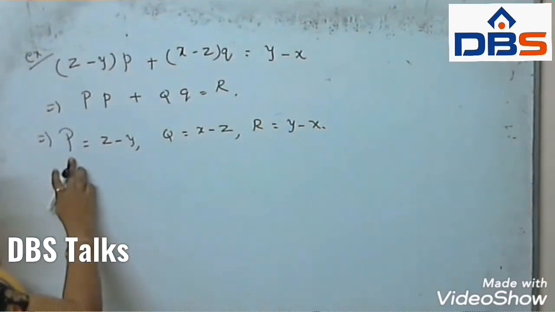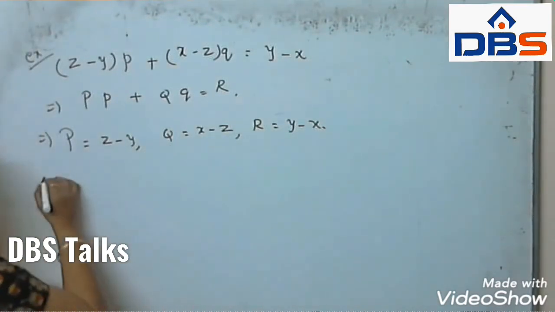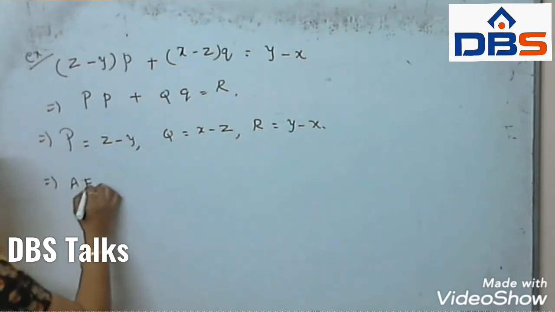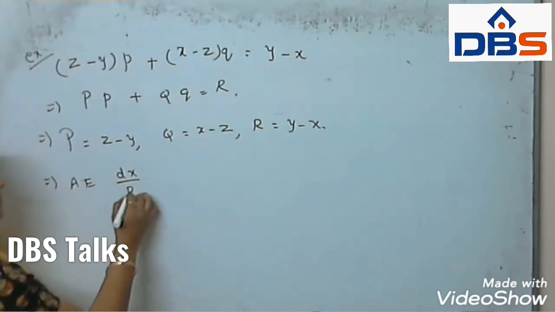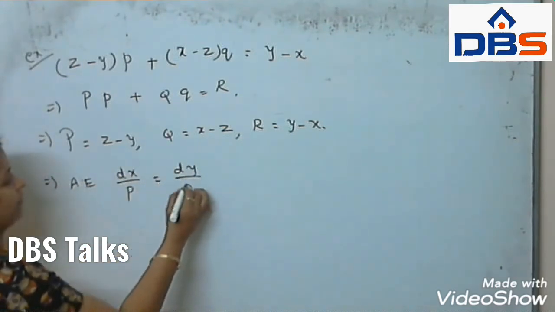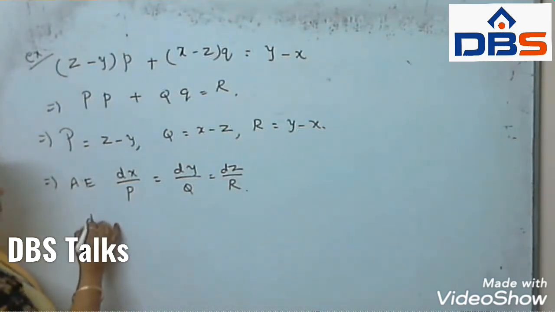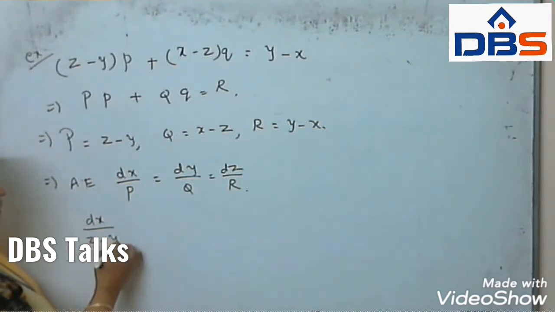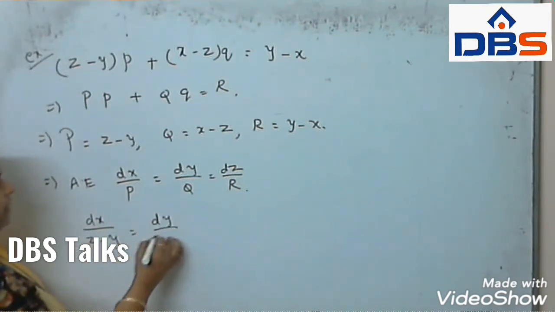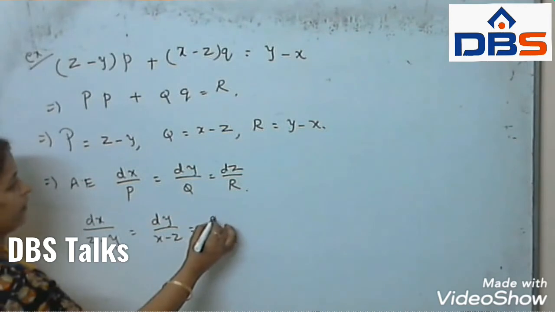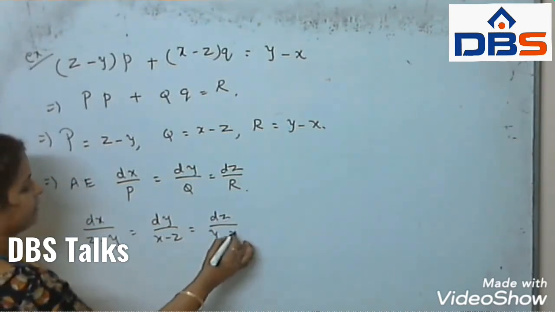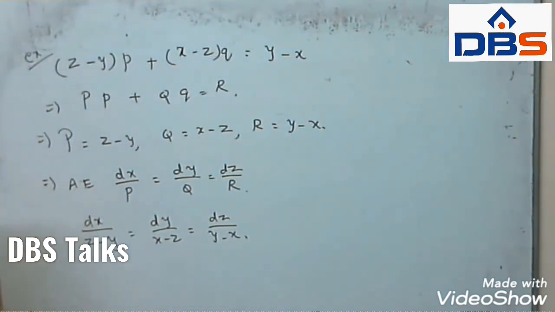First you have to write the functions P, Q, R. Then the auxiliary equations dx by P equal to dy by Q equal to dz by R. So dx by z minus y equal to dy by x minus z equal to dz by y minus x. So these are the auxiliary equations.